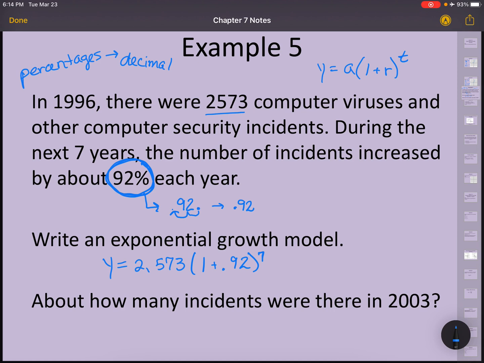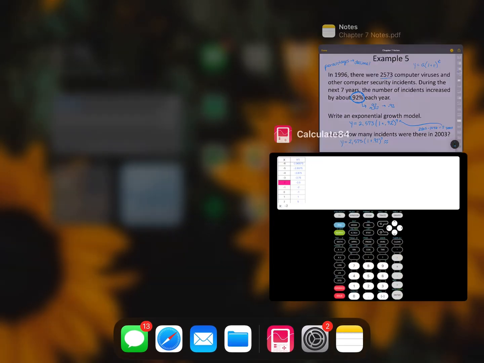Okay. And how many incidents were there in 2003? So the difference in years from 2003 and 1996 is that 7 years. So that's why we put 7 in for T. So if we calculate that from our growth model, we could straight up put that in the calculator and it would be approximate.